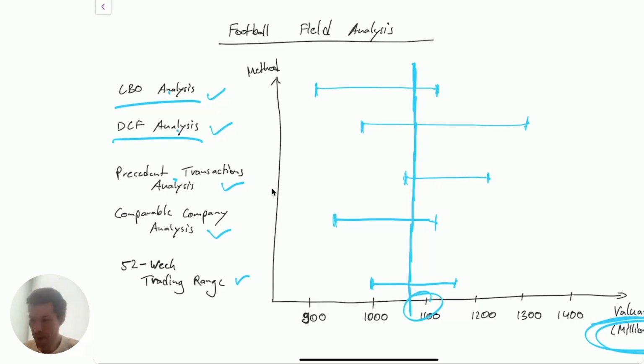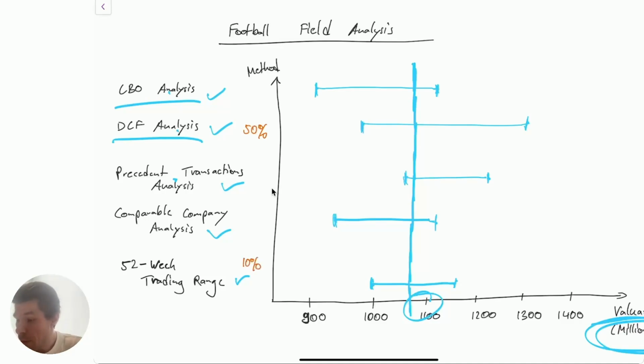billion. What we do as well, and this depends on the case, is assign weights. So we say, for this scenario, we think DCF, because it's quite a comprehensive analysis, should account for 50%, and the 52-week trading range, which is just the historical stock price, sometimes driven by emotions, 10%.